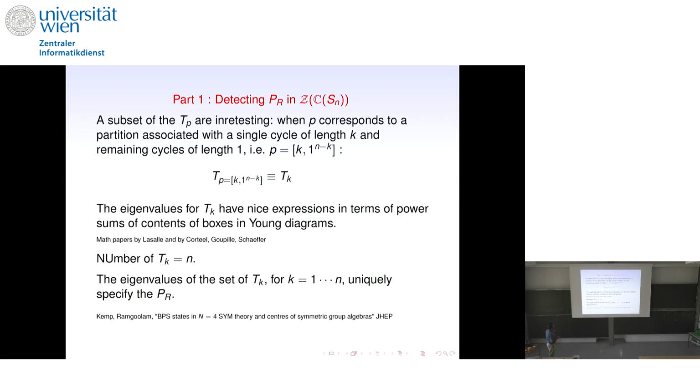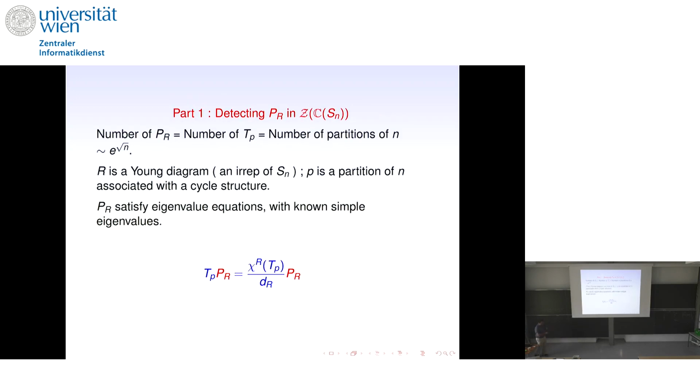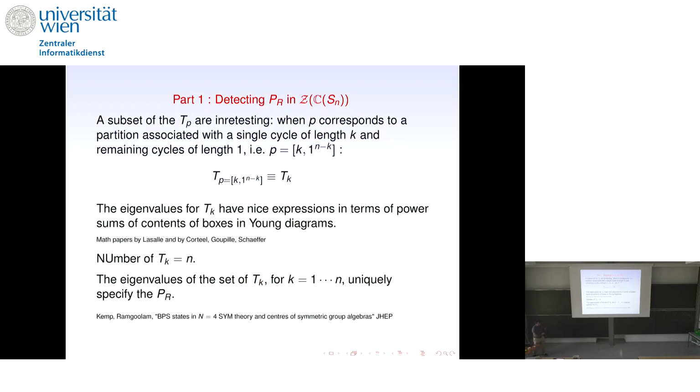This is because if you take these eigenvalues, the normalized characters for tk, where tk is a 2-cycle, 3-cycle, 4-cycle, up to an n-cycle, and you tabulate them for all Young diagrams, that list is enough to distinguish the Young diagrams. That's what we proved in this paper with Gareth Kemp, who was a lecturer in Johannesburg.